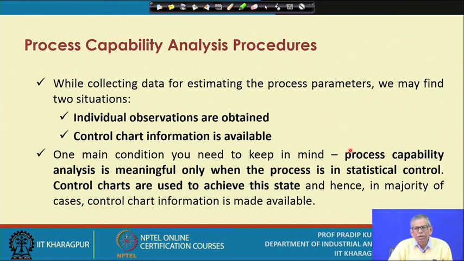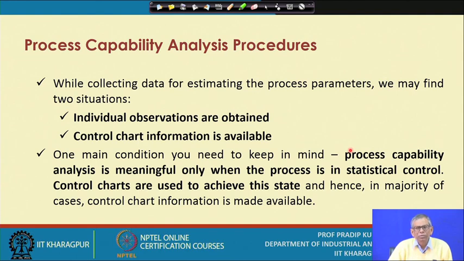So, obviously, in a majority of the cases, in almost all cases, you will find that the control chart information is already made available. And if you refer to this control chart information or the data, you will be in a position to carry out the process capability analysis. So the second situation is very, very common.